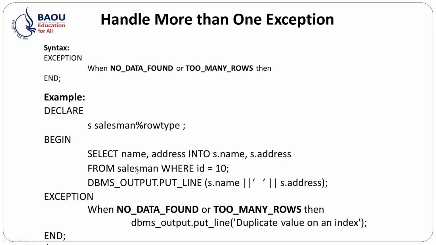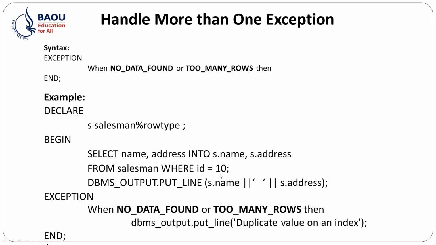From the salesman table, the name and address column data is stored in S dot name and S dot address, and after that the data will be printed. DBMS_OUTPUT.PUT_LINE prints the S name and address whose ID is 10.